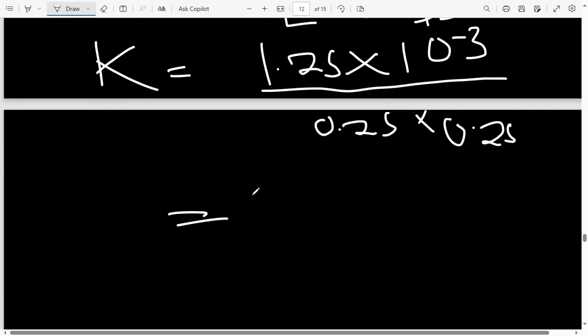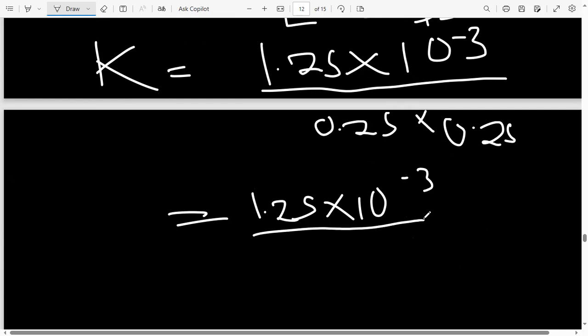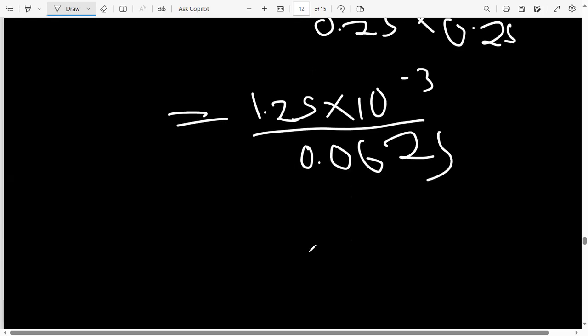What is 0.25 multiplied by 0.25? I'm getting 0.0625. So let's divide that. When I divide this, I'm getting 0.02.